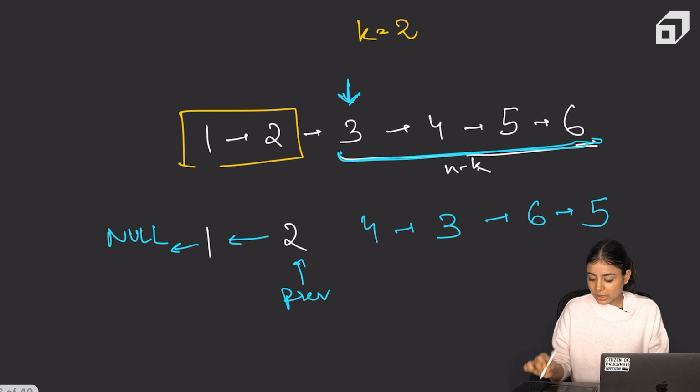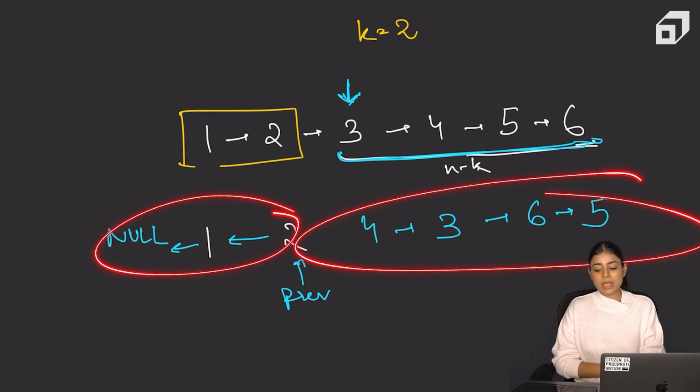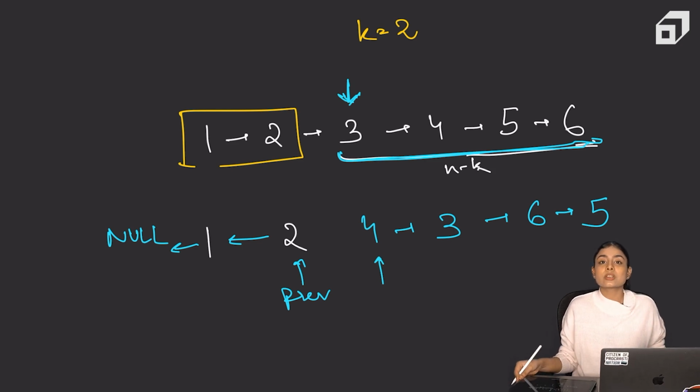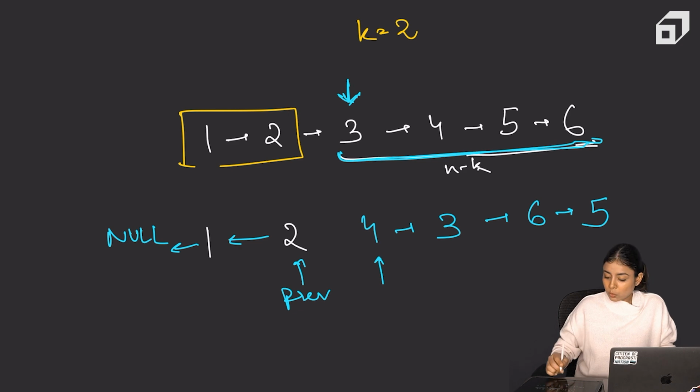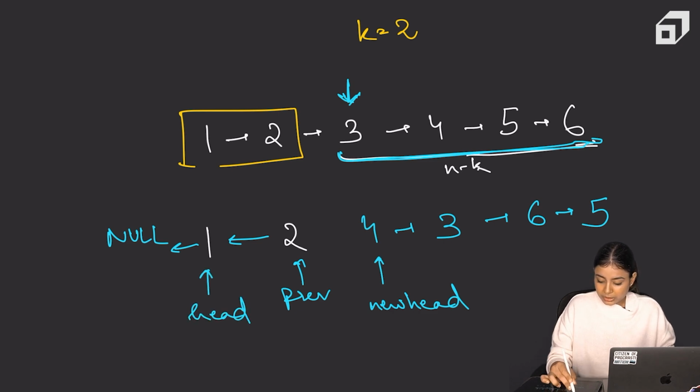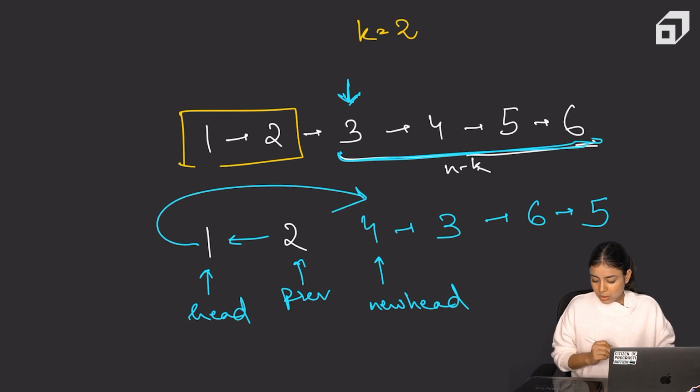Now how do I connect these two parts together? The recursive function will return to us the new head. So we'll make the recursive function return to us the new head. The new head for this would be 4 and the original head was 1. So we'll make the head point to the new head.